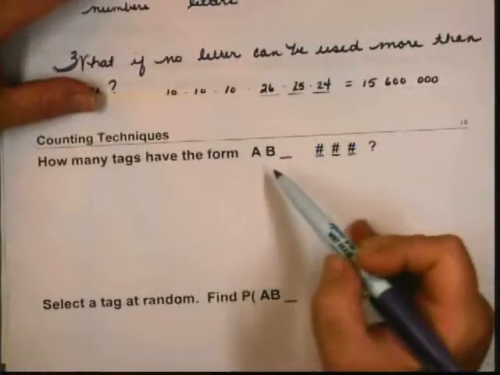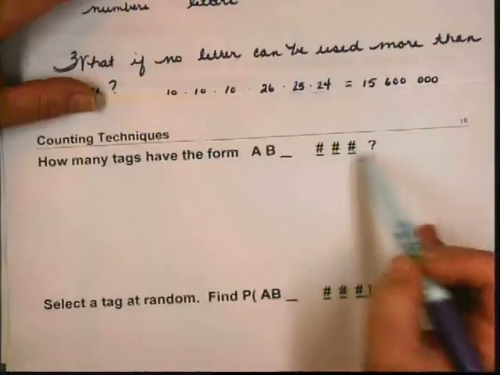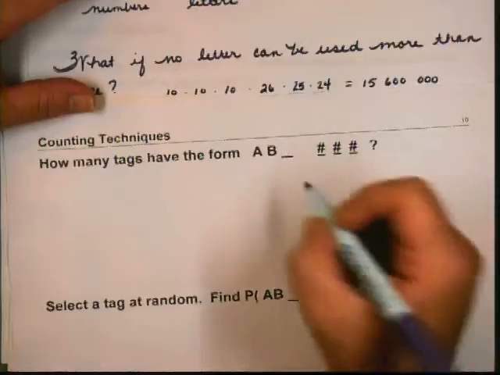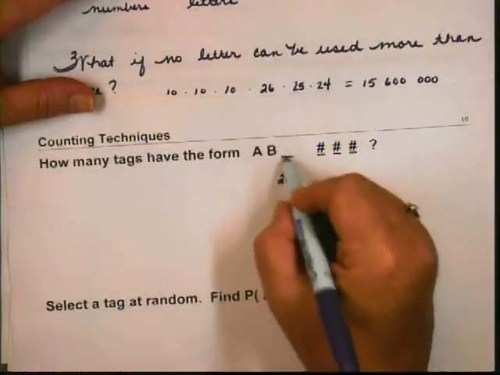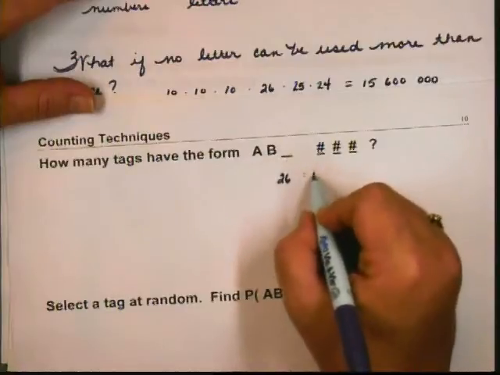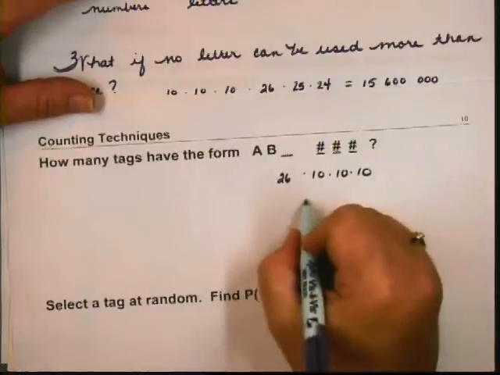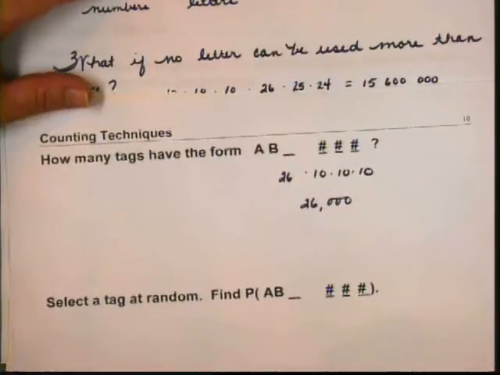Okay, if letters are first and numbers are second, how many tags have this form AB blank and then 3 numbers? 26,000, because why? 26 ways to fill this blank, and then assuming that all numbers are available, that's where you end up with the 26,000.